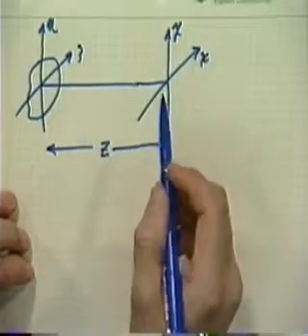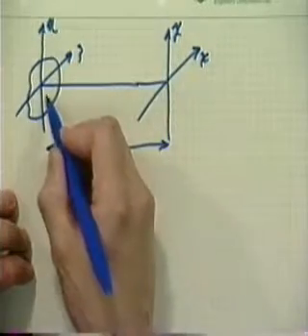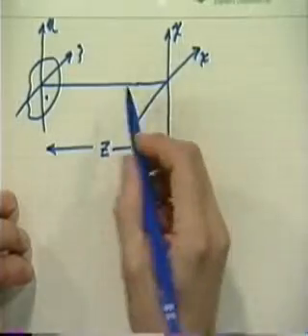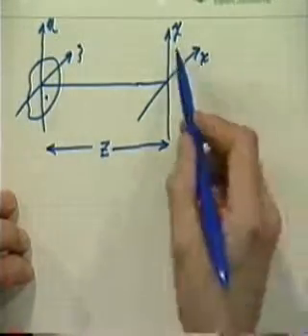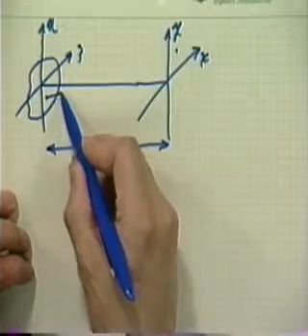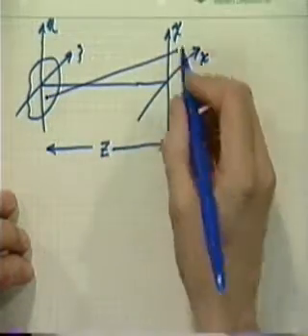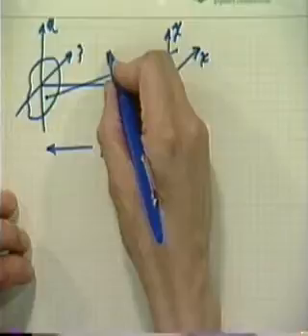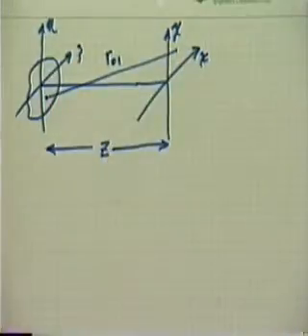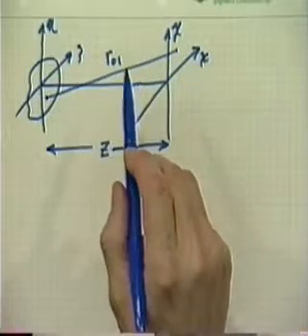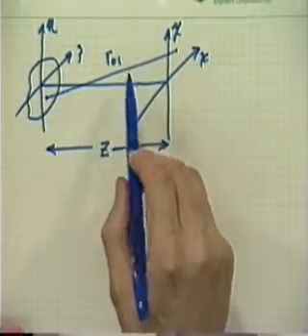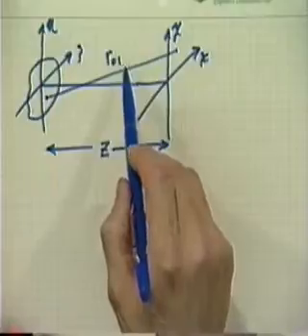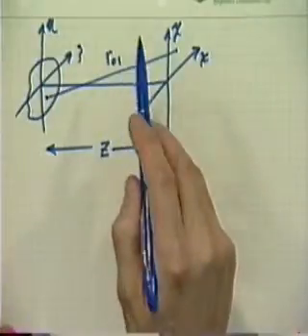If we pick a point here in the aperture and a point up here in the observation plane and draw a line between these two points, this is what we call distance r01. And remember the whole idea here to the Fresnel diffraction was that we had a term that went as e to the ikr01, and we made some approximations in what r01 was.